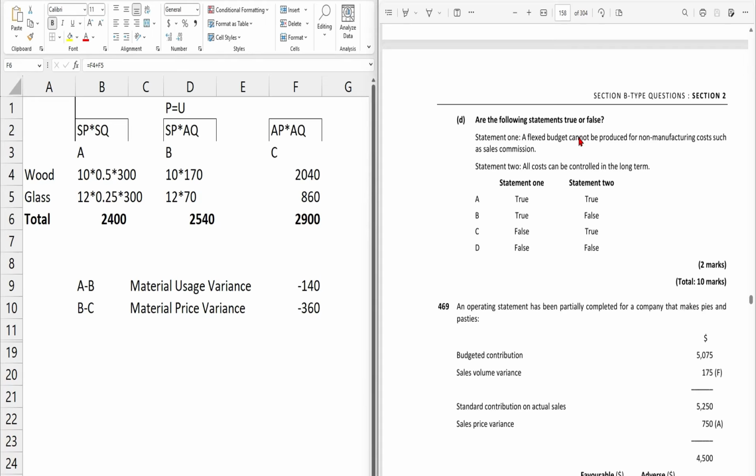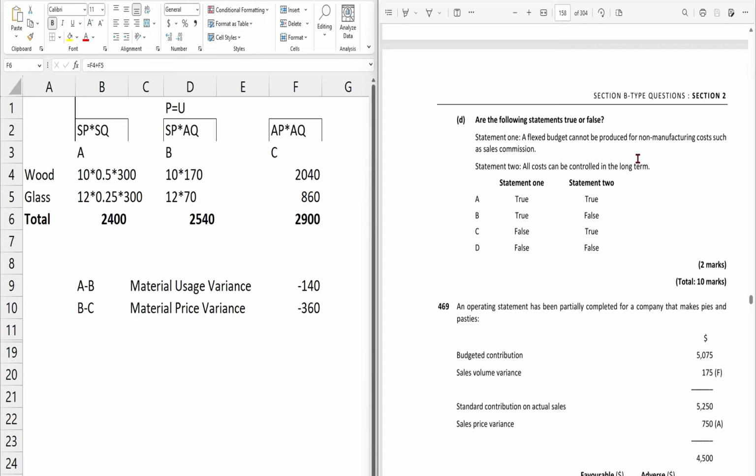See, ये फ्लेक्स बजट होता है, दिस बजट कैन बी एडजस्टेड बेस्ड ऑन द एक्चुअल लेवल ऑफ एक्टिविटी. हम लोग ने कैलकुलेशन भी किया होगा, इफ यू रिमेम्बर, जहाँ पे हाई लो मेथड वगैरह यूज करते हैं. सो जो सेल्स कमीशन है इट्स डिपेंड ऑन द सेल्स. सो इट्स अ वेरिएबल नॉन मैन्युफैक्चरिंग कॉस्ट एंड दैट यूजुअली डिपेंड्स ऑन द नंबर ऑफ सेल्स, राइट? Number of units being sold, right? So flex budget can definitely be produced for non-manufacturing costs like sales commission. So that's why this statement is incorrect.